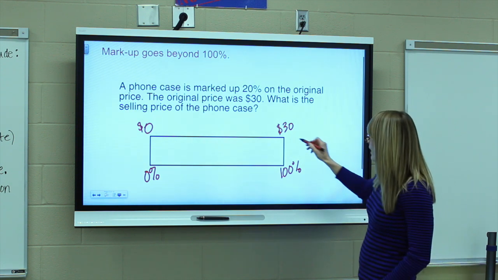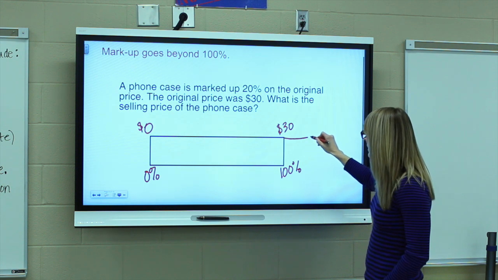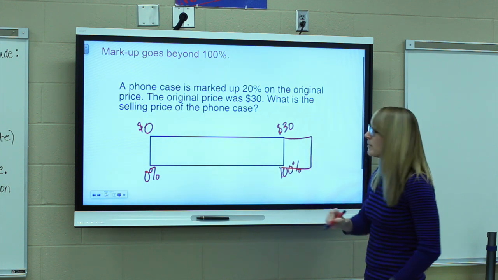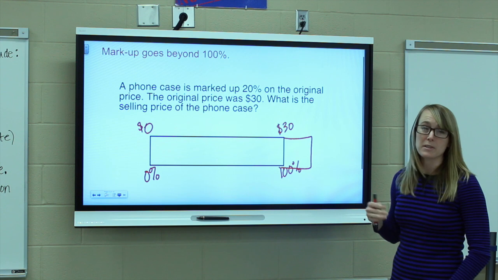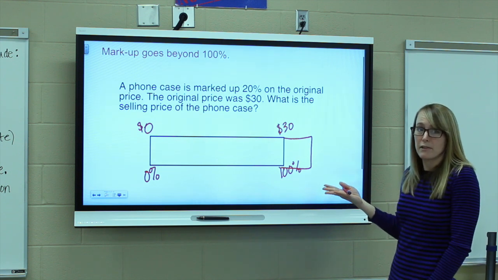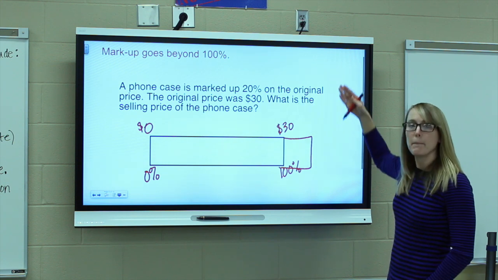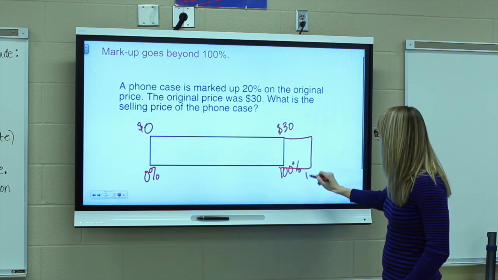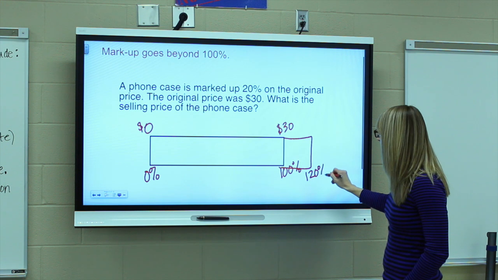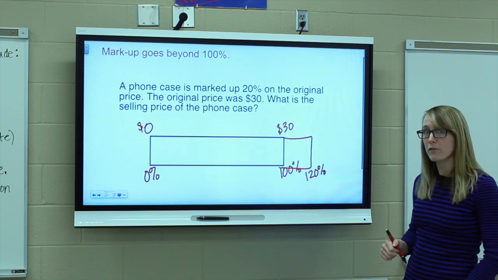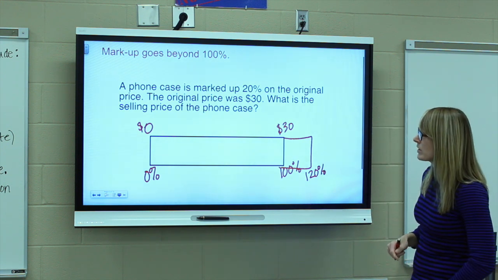But we know that our selling price is actually going to be beyond $30. It's going to be more than $30 that they sell it for. Since they're selling it for 20% above the original price, that's 120%. And so that's what we're looking for as the final answer to our question here.